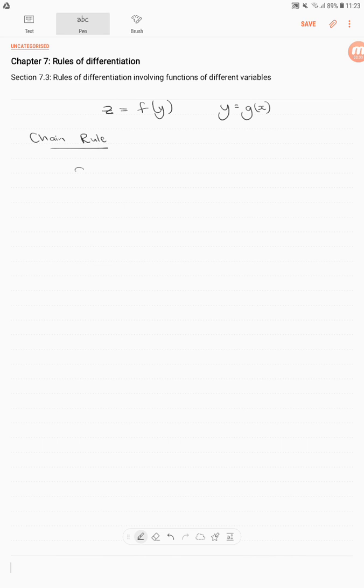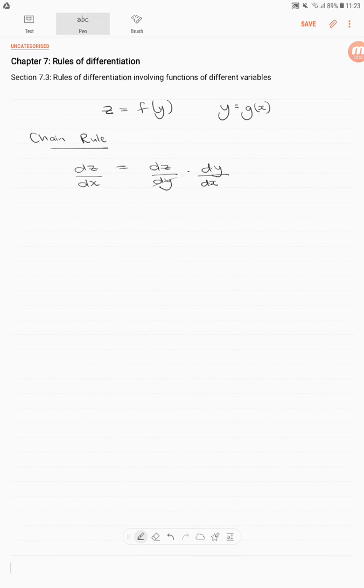This is where we want the derivative of z with regard to x. We know z is a function of y, multiplied by the function y with regards to x.